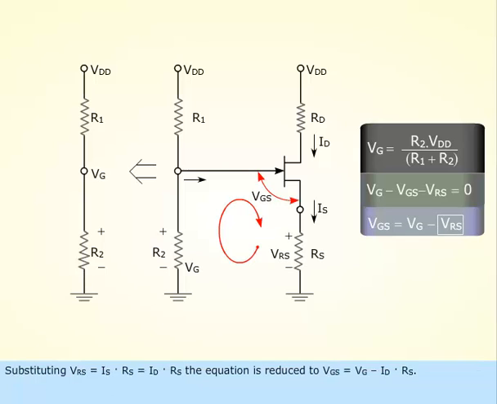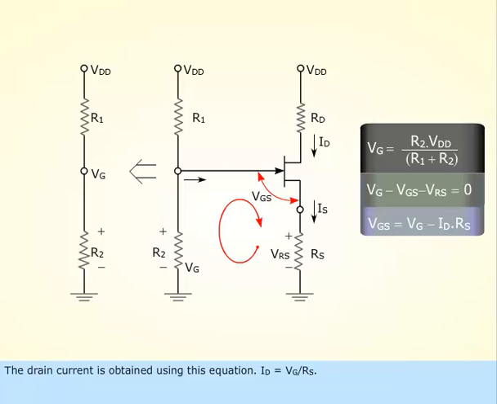Substituting V sub RS equals I sub S times R sub S equals I sub D times R sub S, the equation is reduced to V sub GS equals V sub G minus I sub D times R sub S.